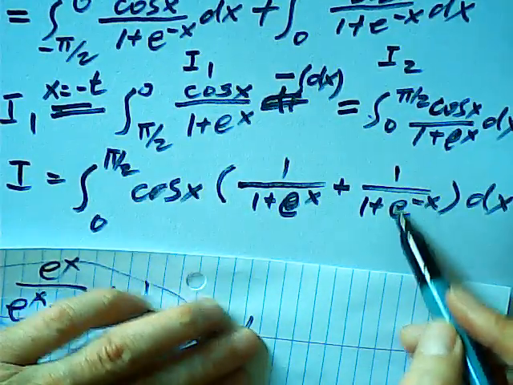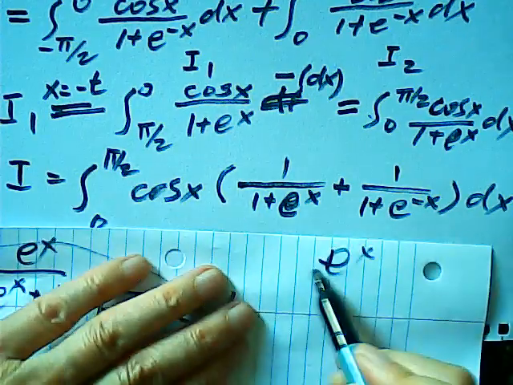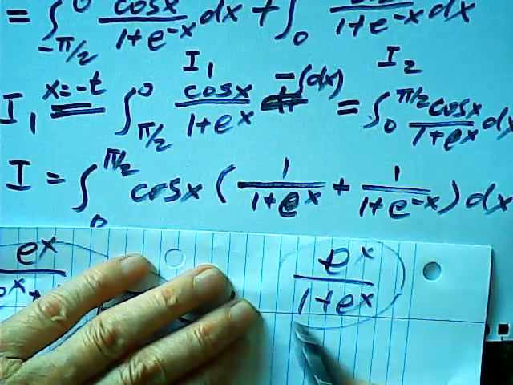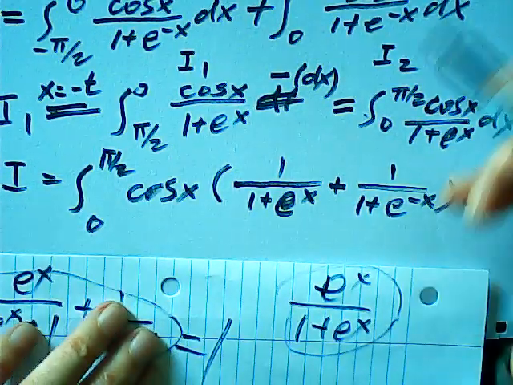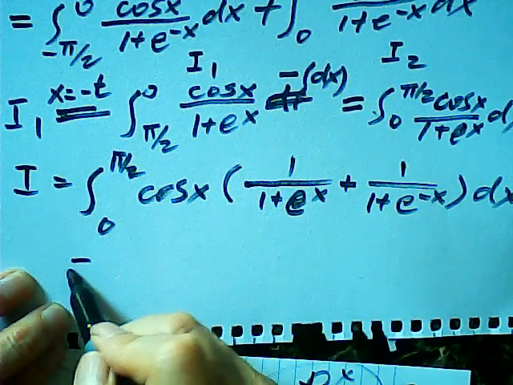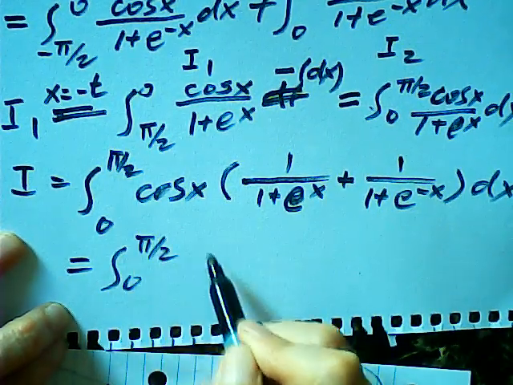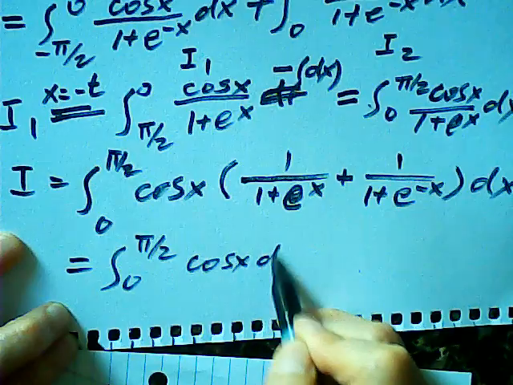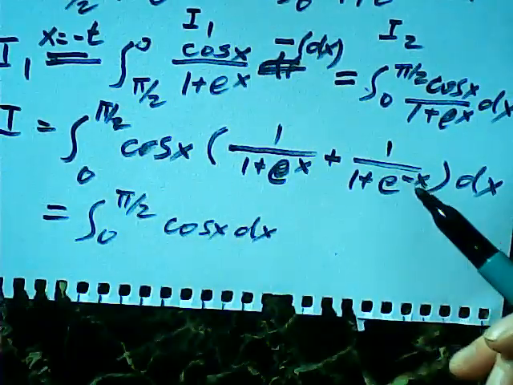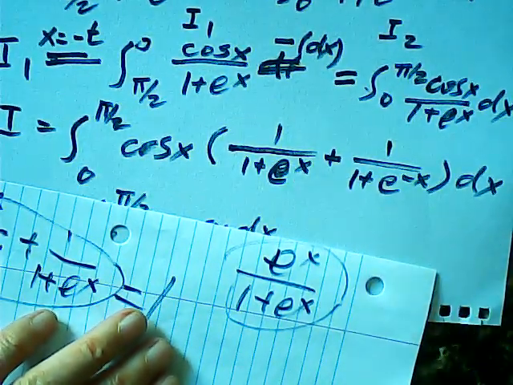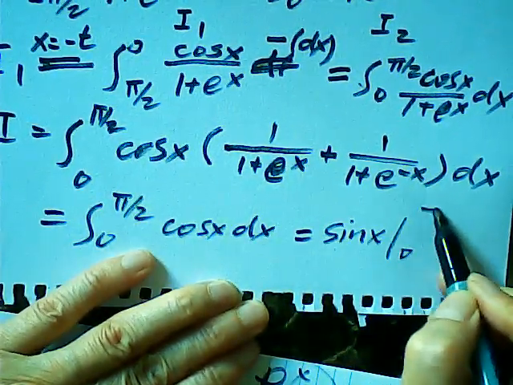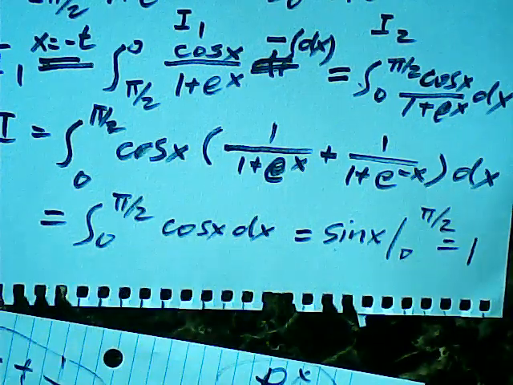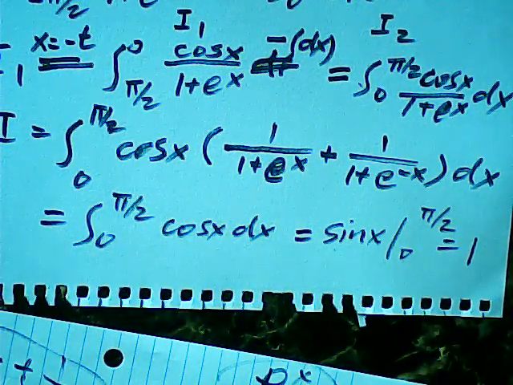You multiply by e to the x, it becomes e to the x over 1 plus e to the x, right? So this one plus this one is equal to 1. Same story as in the first method. So this result is equal to the integral of cosine dx, because this plus this one is equal to 1. Now this one equals sine x from 0 to half pi, so this is equal to 1. So same result as in method 1.